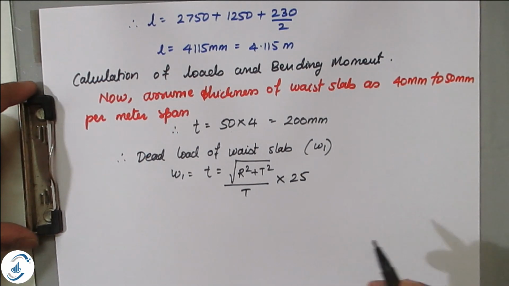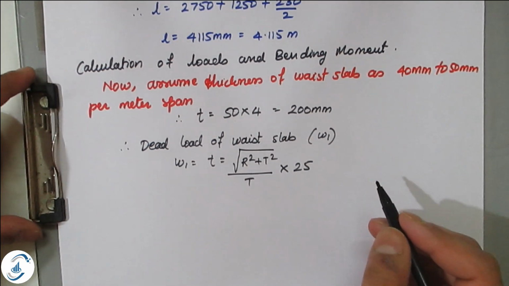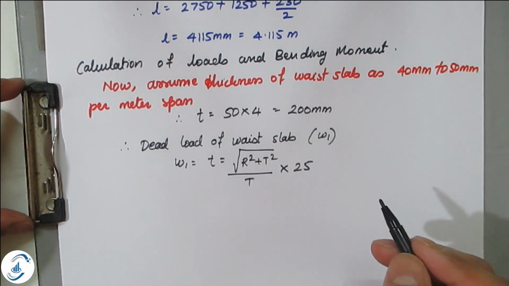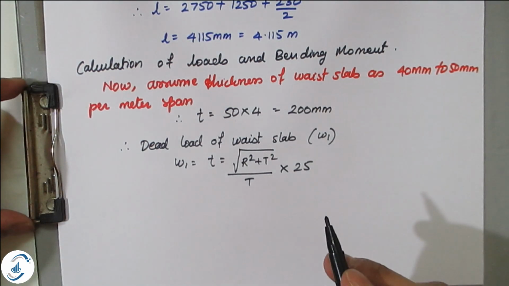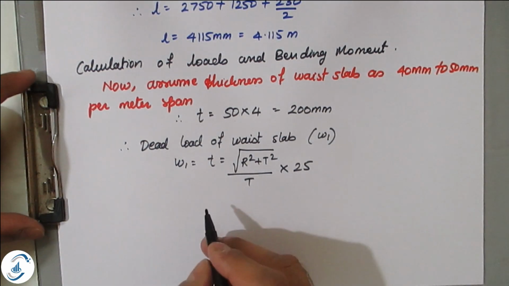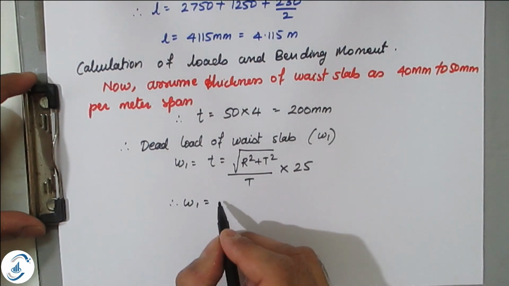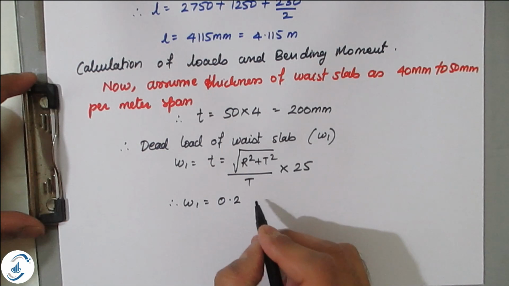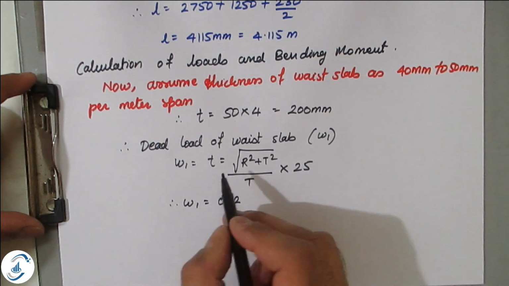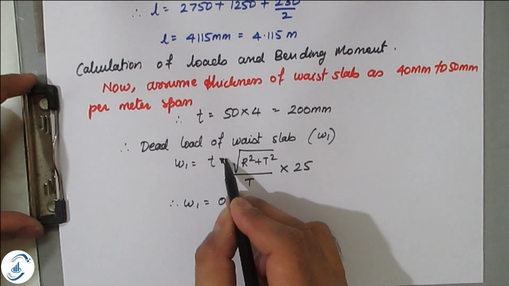So this 25 is nothing but the unit weight of the concrete which is being used in the reinforced cement concrete. So W1, this T is nothing but the thickness of waste slab, that is 0.2. Sorry, this is not equals to, this is multiplication.